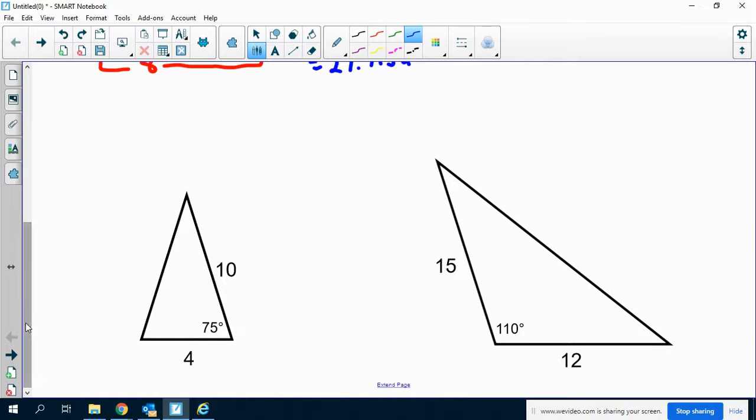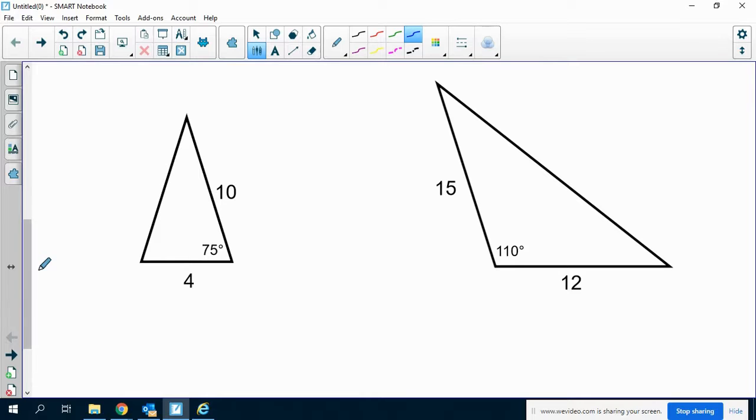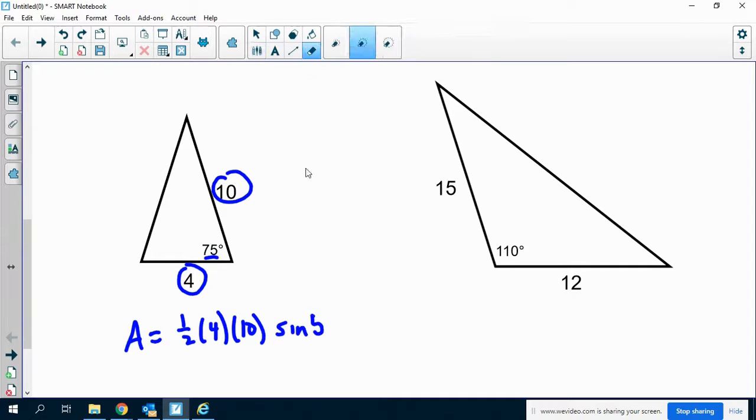Okay, real quick, let's just do a couple of problems and get the areas here. So the area of this problem, notice we have two sides with an angle in between it. So we'd have 1/2 times 4 times 10 times the sine of 75.